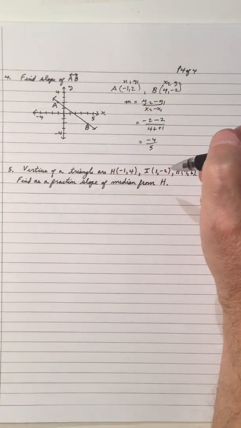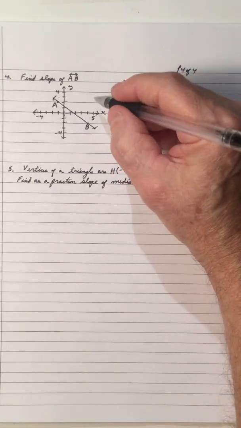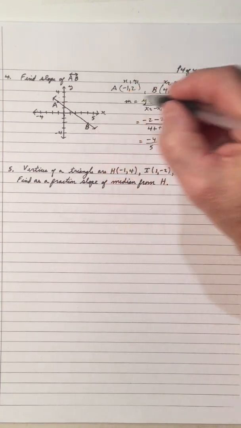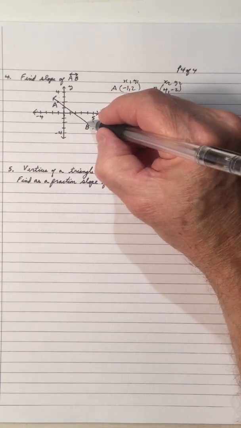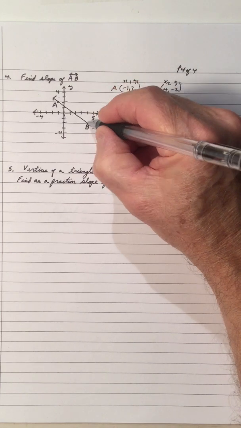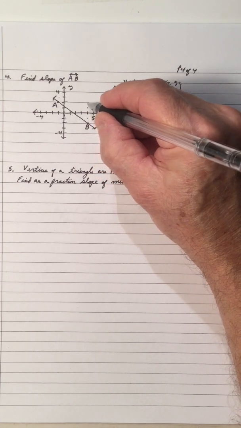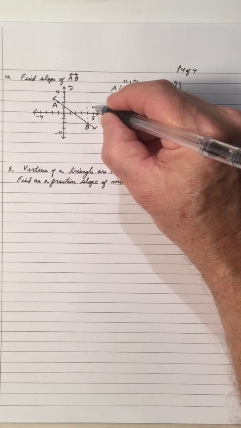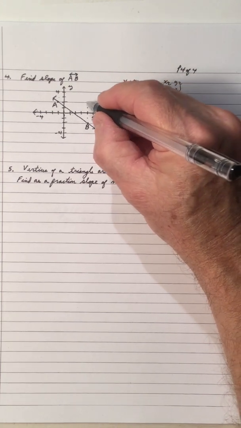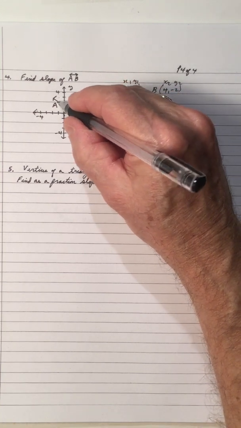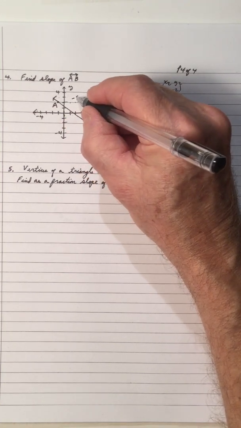And just think of it this way, watch. I did the formula, but if you wanted to, you could use rise over run. I can go 1, 2, 3, 4. So that's a 4, that's positive. And if I go this way, 1, 2, 3, 4, 5, that's negative 5.